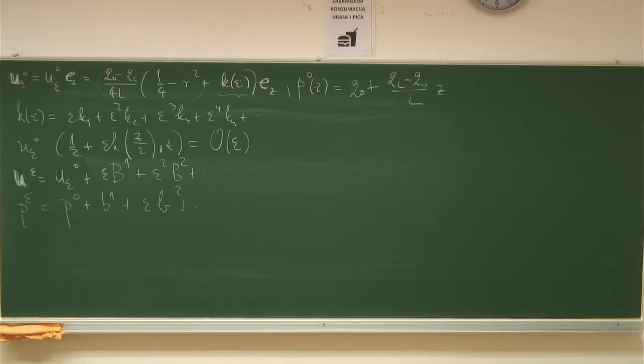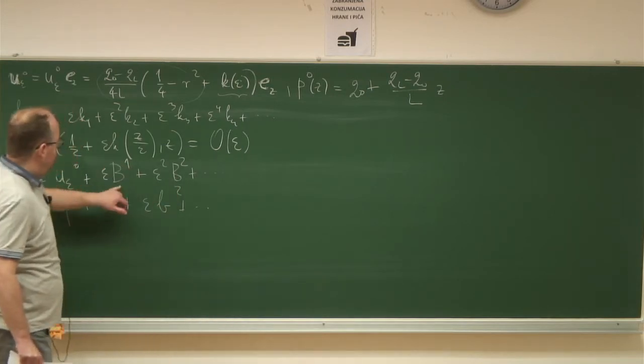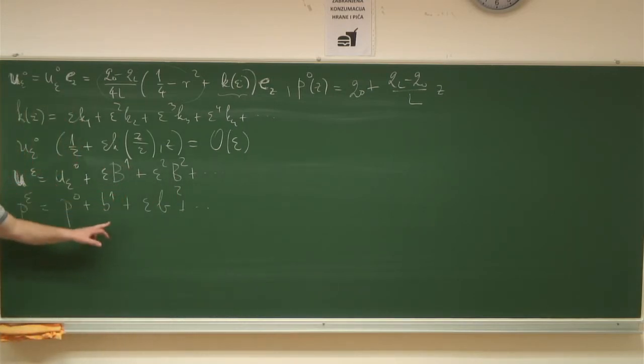By doing that, at each step we obtain problems satisfied by the boundary layer correctors. Last time we showed how to deal with the problem satisfied by the first boundary layer corrector, B1.